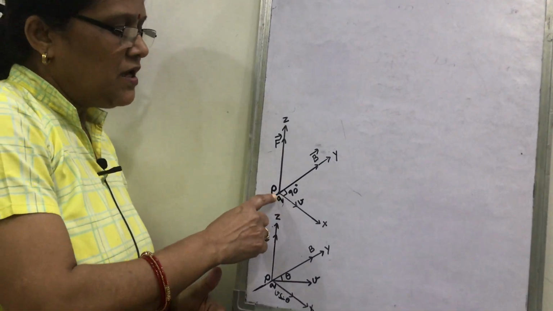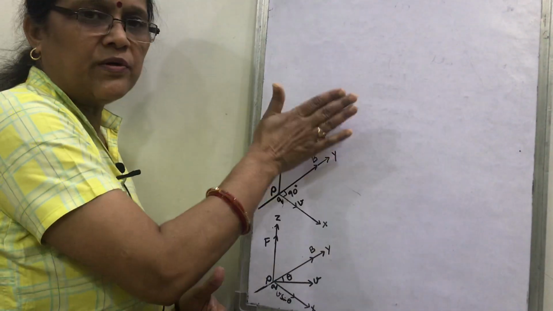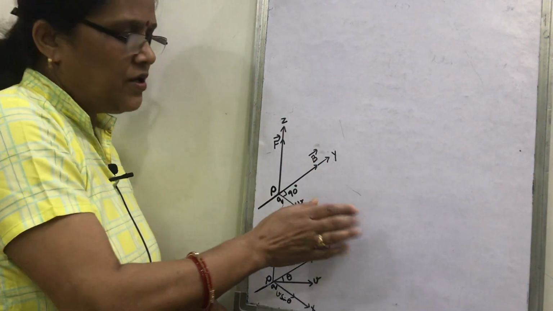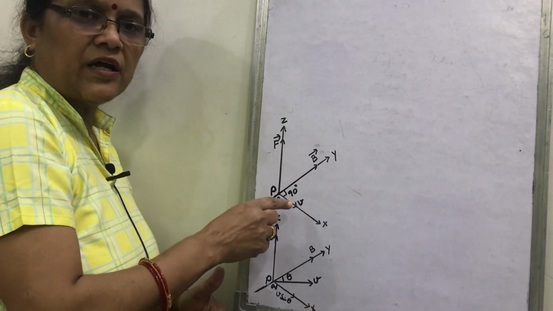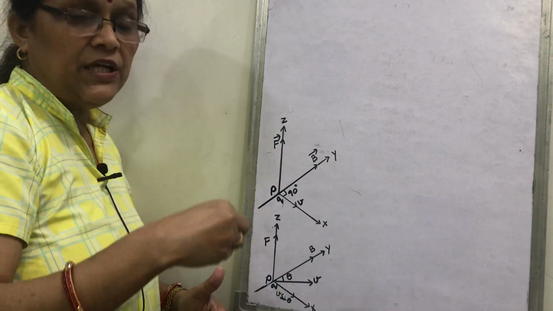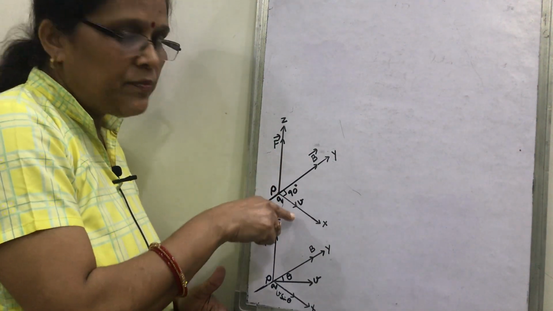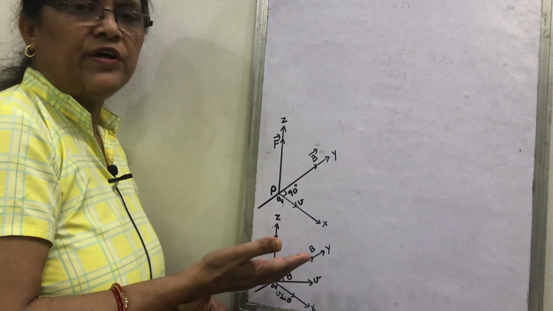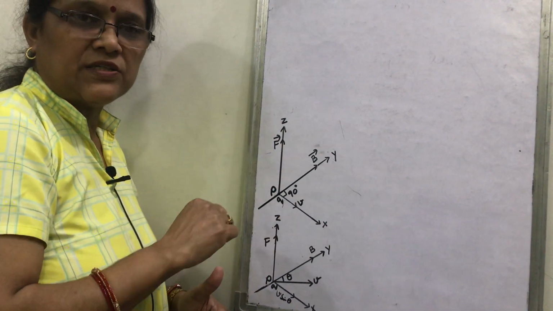That is why I am saying that on the blackboard or a plane you cannot show the 90-degree angle, but you have to assume it. You can see these three mutually perpendicular directions in the room where you sit: length, breadth, height.